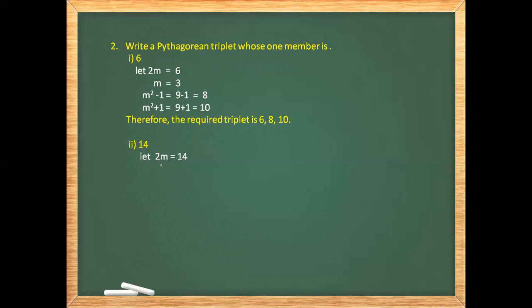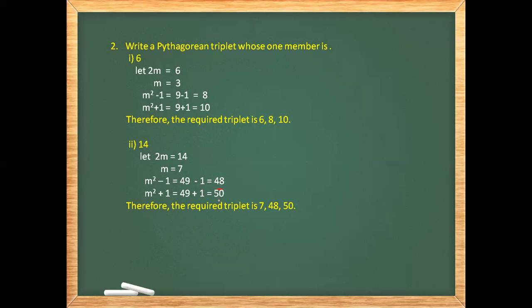So what is m? 2 sevens are 14. So that's why m is equal to 7. Now m squared minus 1 is what? 49 minus 1, that is 48. And m squared plus 1 means what? 49 plus 1 is equal to 50. So what I got? The required triplet as 14, 48 and 50. So this is the required triplet.